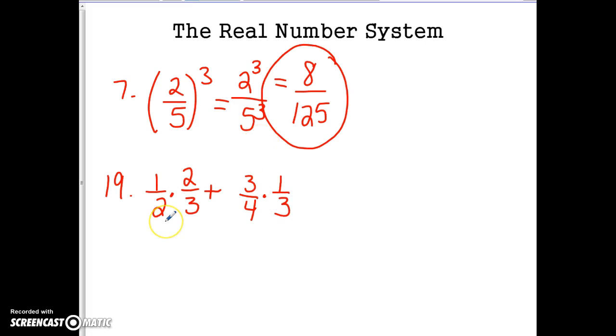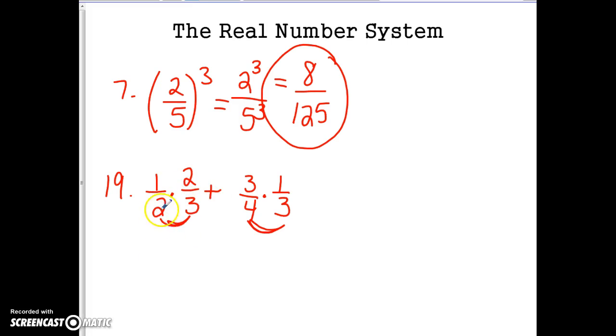So we have to go back and remember our rules about fractions. When you're multiplying fractions together, you just multiply the numerators and denominators. Okay? When you add fractions, you have to make sure they have common denominators. So we have multiplication here, multiplication here, and then addition at the end.